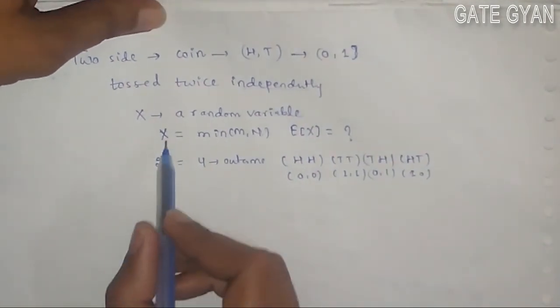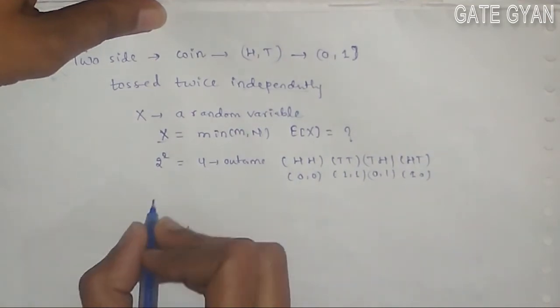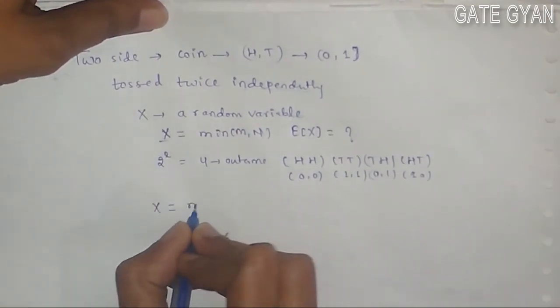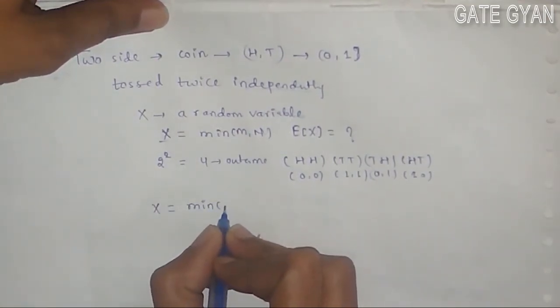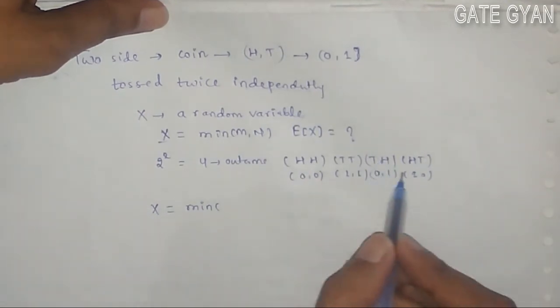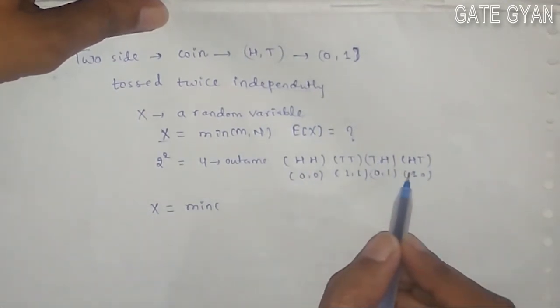So now we will find our x. So our x is min of these. We will consider all variables one by one.